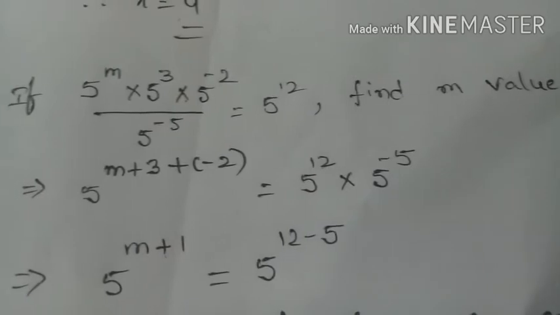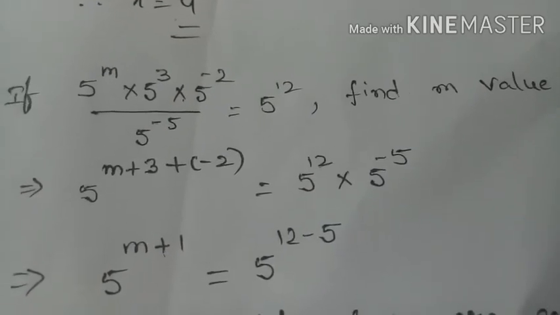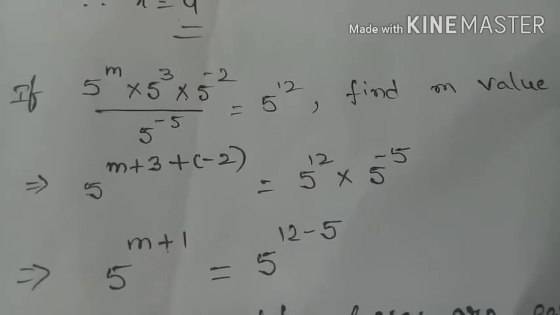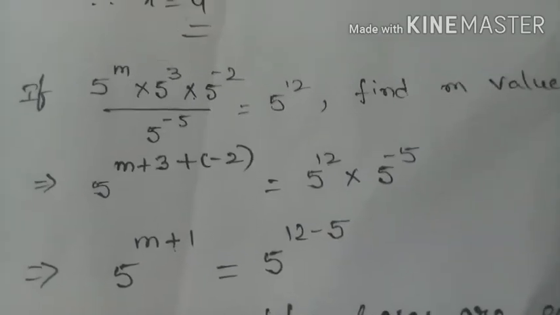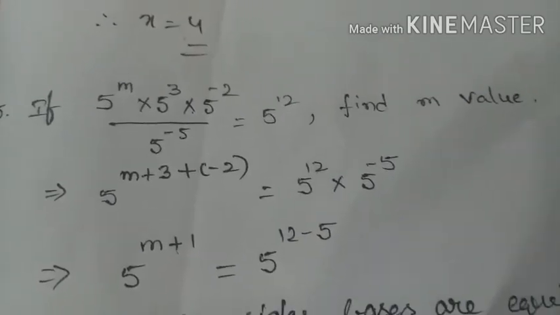Very good question. So in LHS and RHS we have the same bases. Okay, now we know some formulas to use to find that m value.